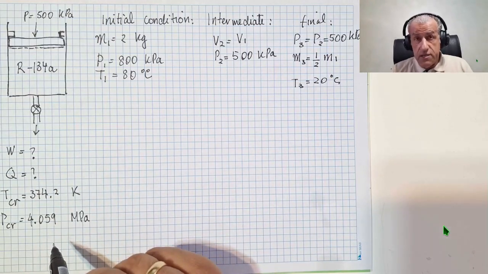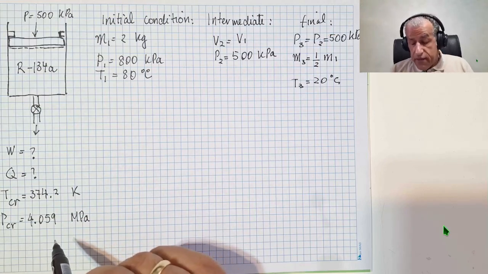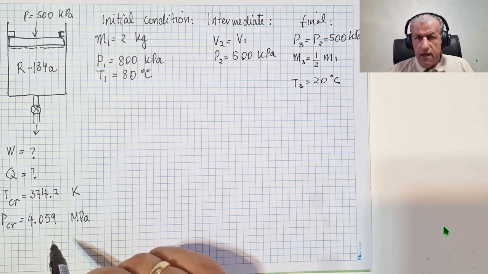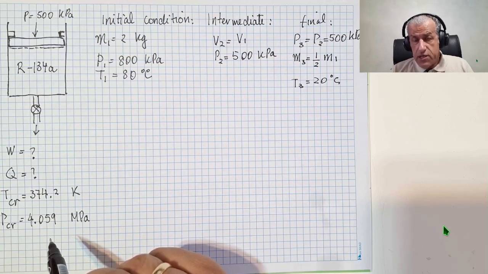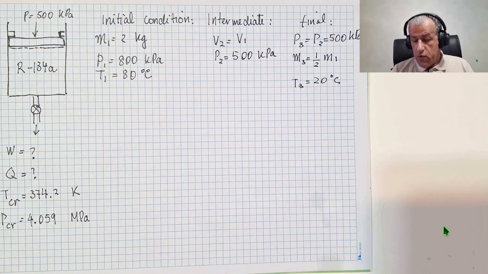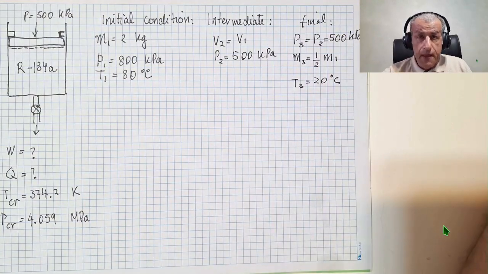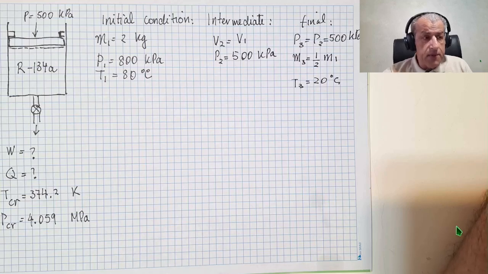The pressure is much less. It's about 1/8 of the critical point, and therefore we could well assume that we are in superheat condition for R134a. And let's have a look at it in the table to see what that tells us.